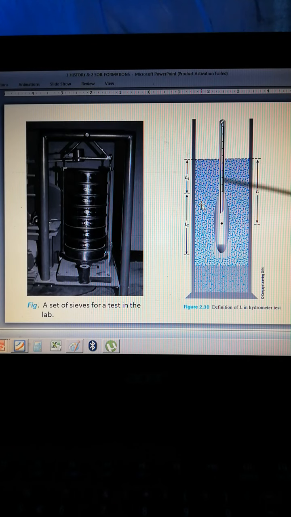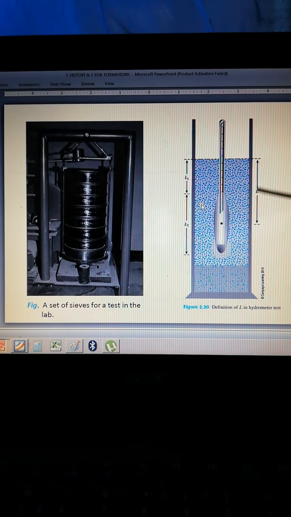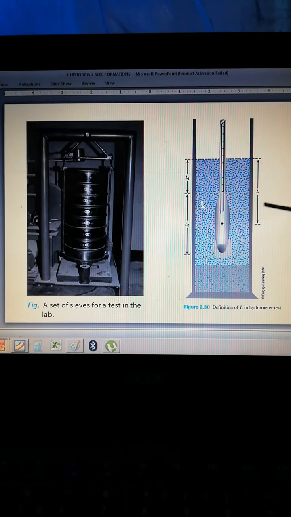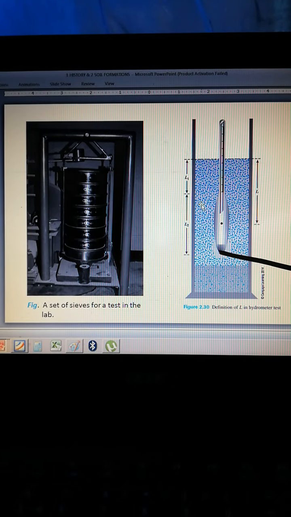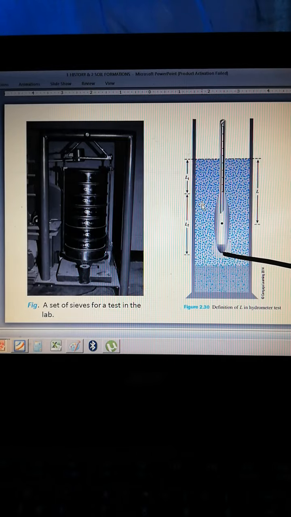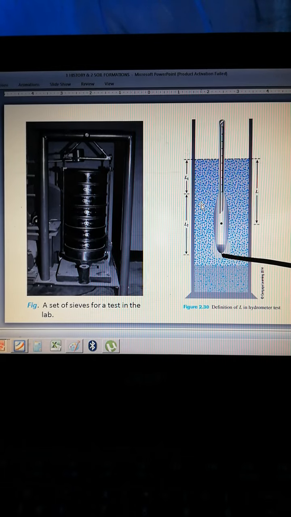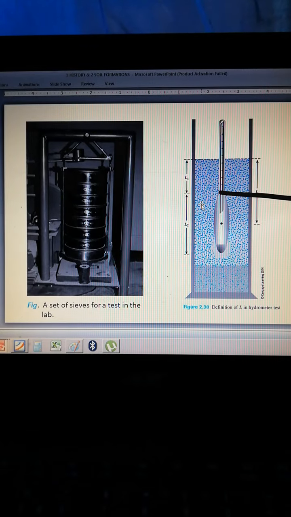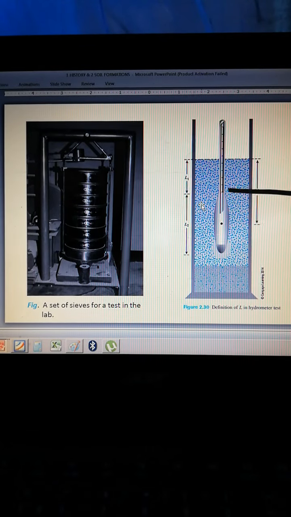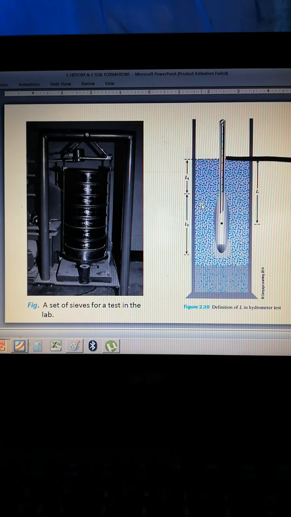You already have the size of your diameter, which you can measure constantly for a given hydrometer. But this L is what you will determine by measuring from the tip of the bulb to the neck of the stem of your hydrometer, then to the water surface. You have calibration.